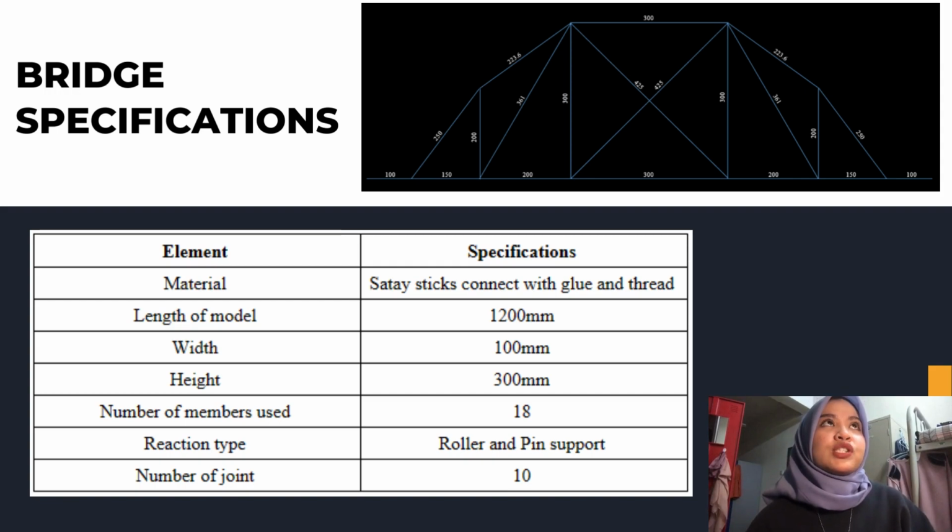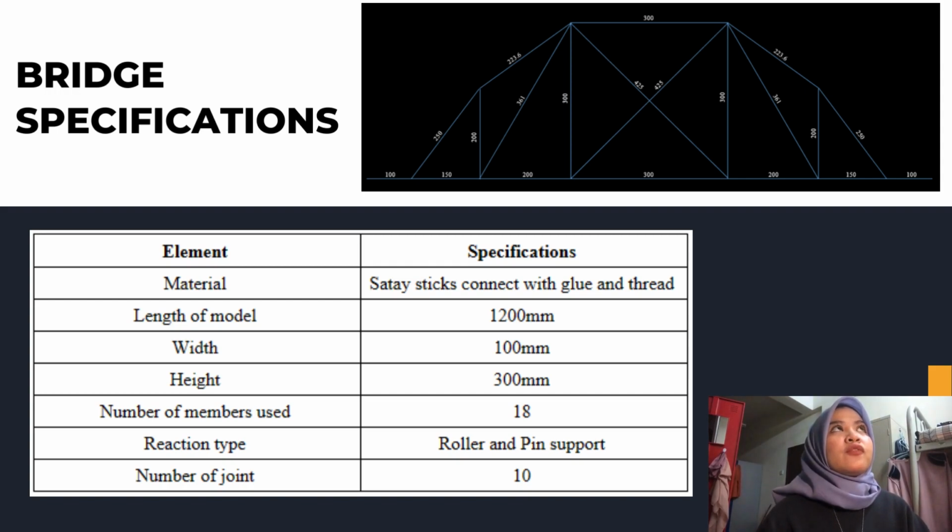Next is bridge specifications. As you can see, the above figure is the measurement of each member. So the elements of our bridge are, firstly, the material.